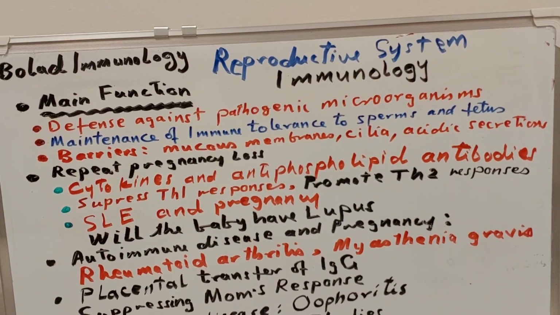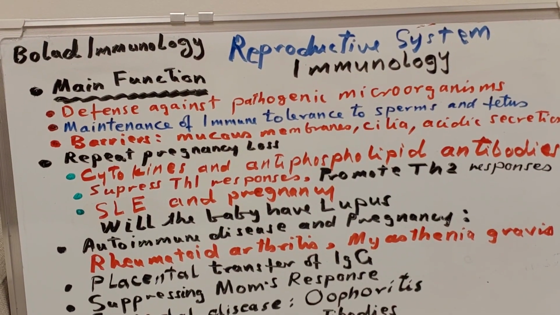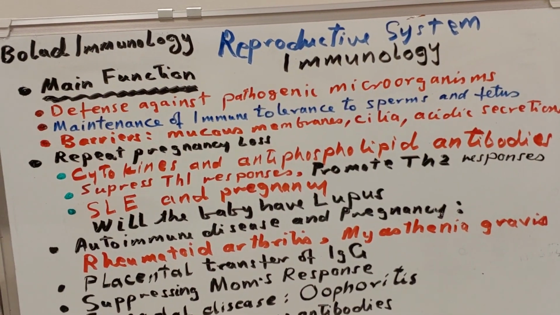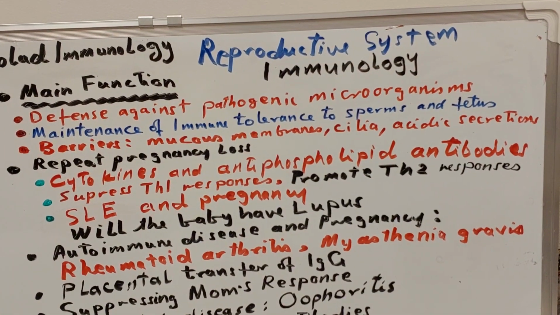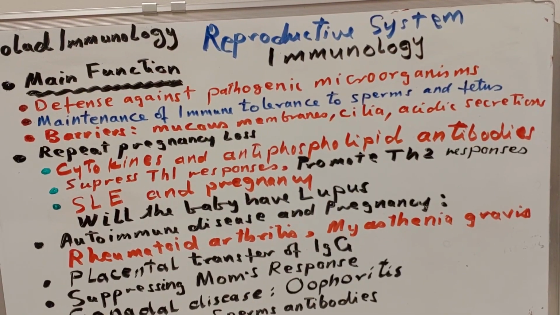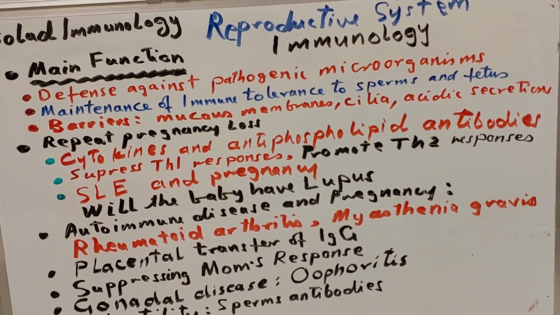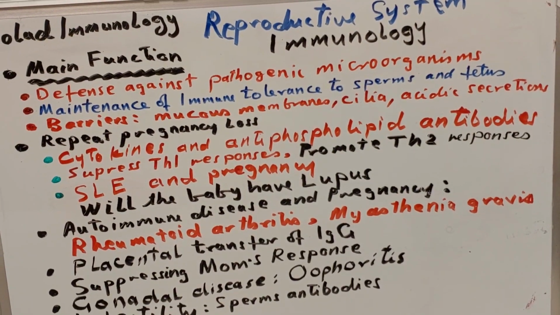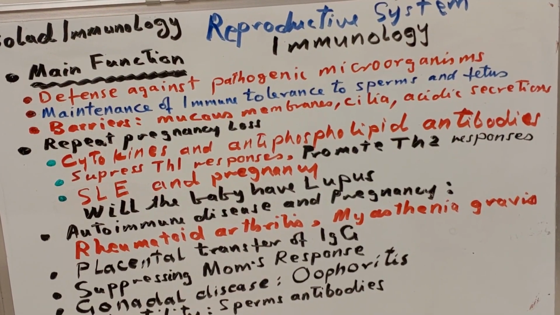And as you know, the fetus possesses allogenic parts from the father. To achieve that, within the male and female reproductive tracts, there are some innate barriers, for example, mucous membrane, cilia, and acidic secretions.